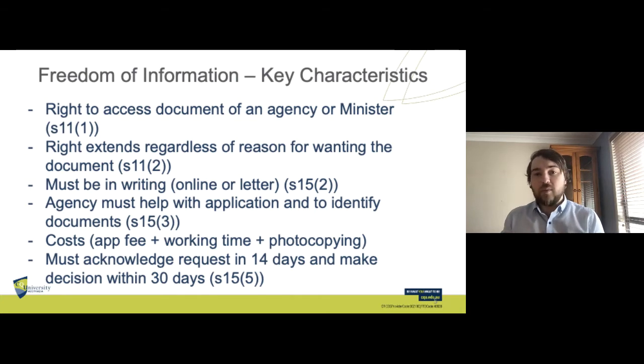And they also have to help the applicant identify relevant documents. So a good example might be in a freedom of information request, a person might ask for a few reports relating to a particular matter.